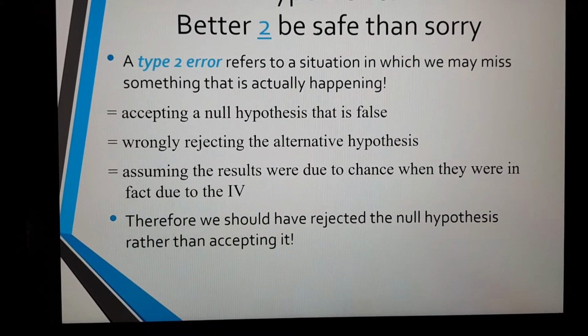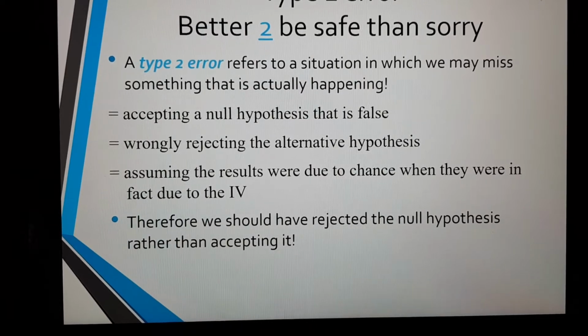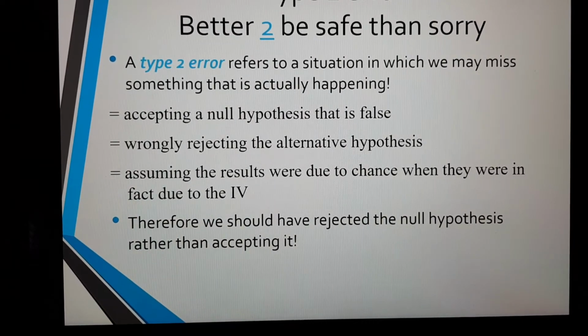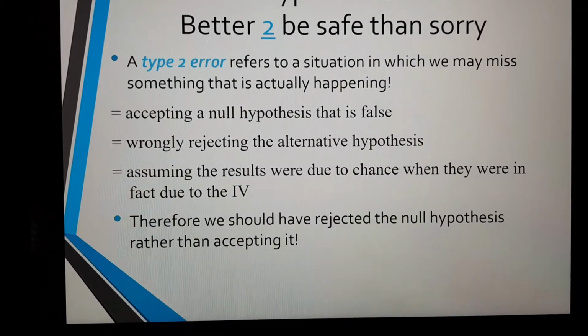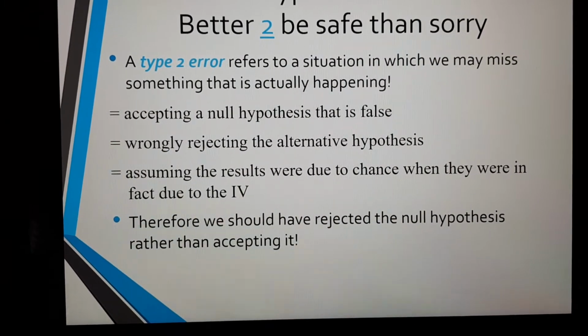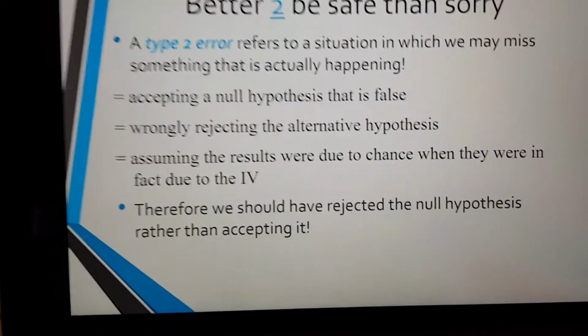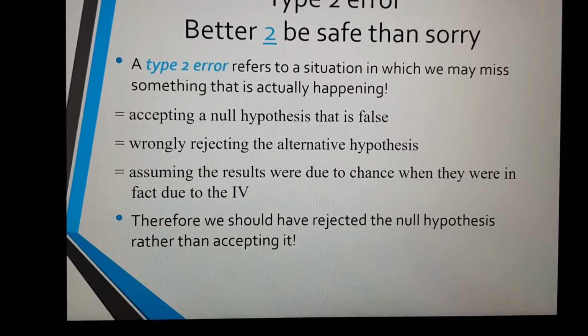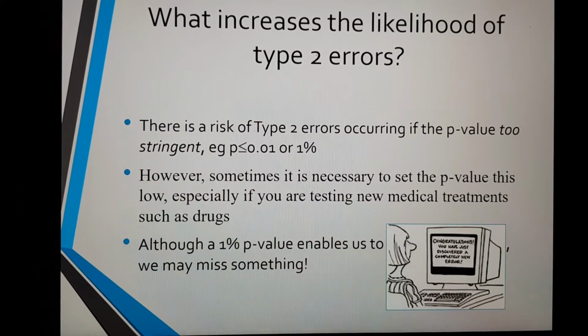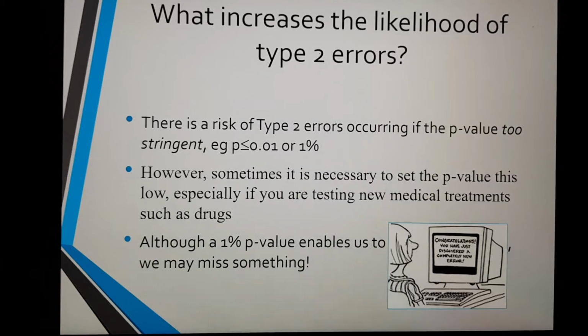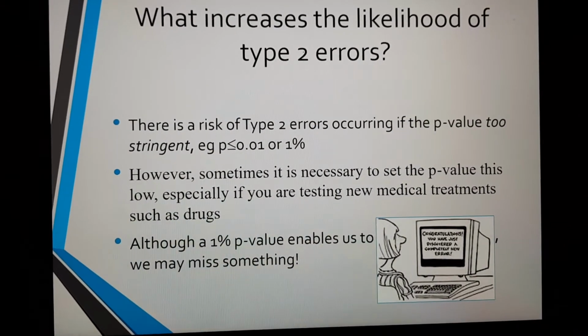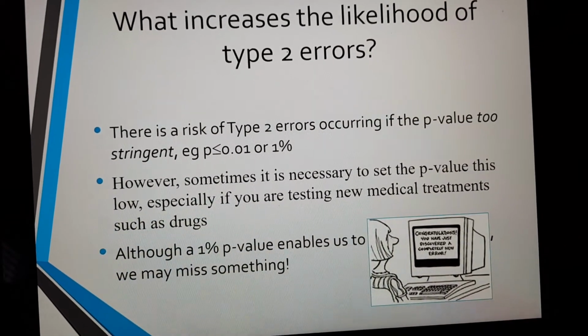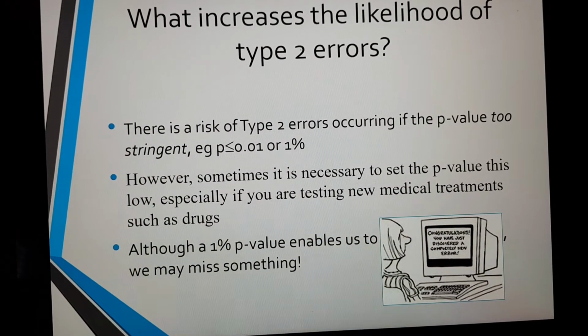So what you should have done really is reject it. Therefore, we should have rejected the null hypothesis rather than accepting it. Okay, so it's the opposite of a type 1 situation. So based on our logic previously, when are we more likely to get them? You're more likely to get them when you set your p-value too stringently.